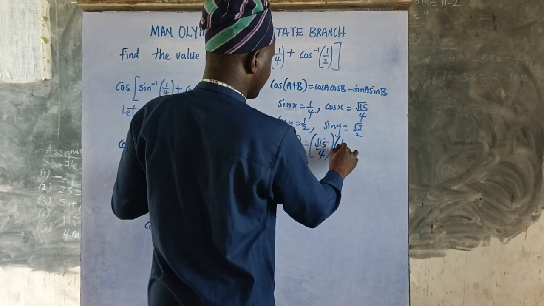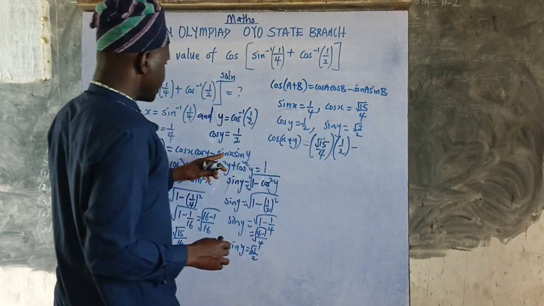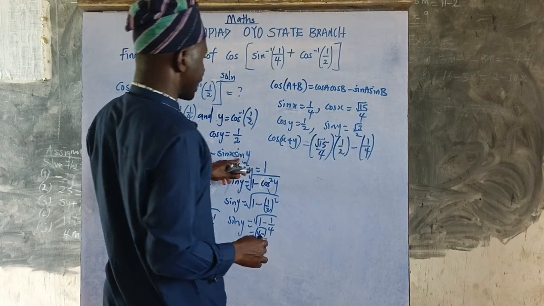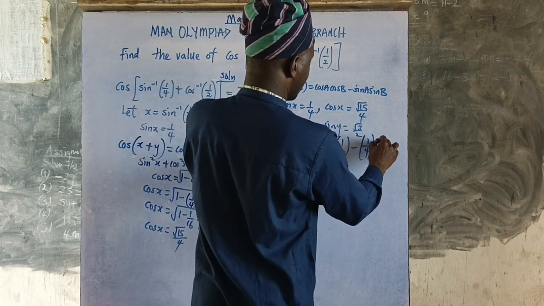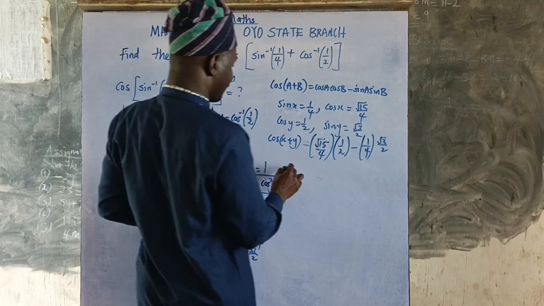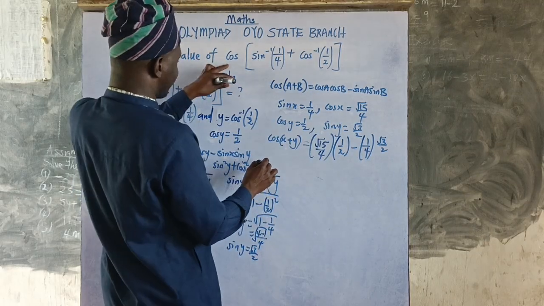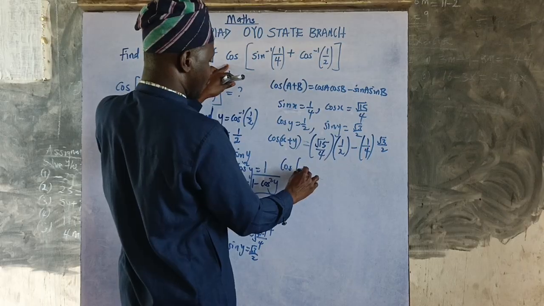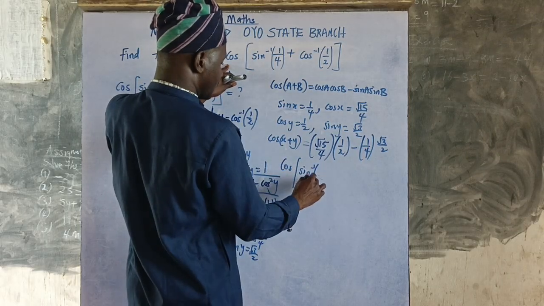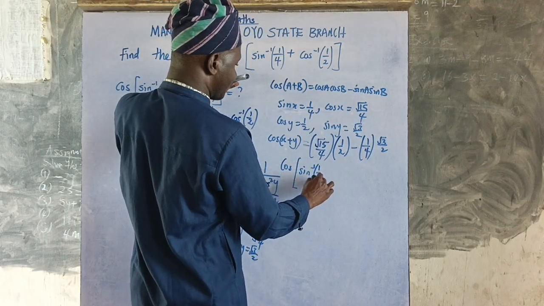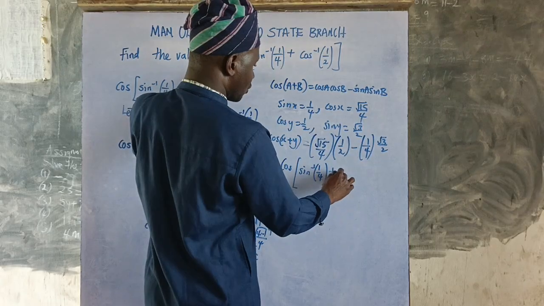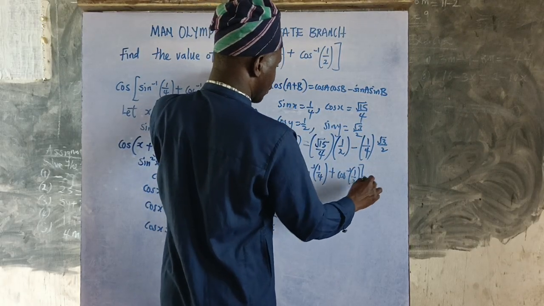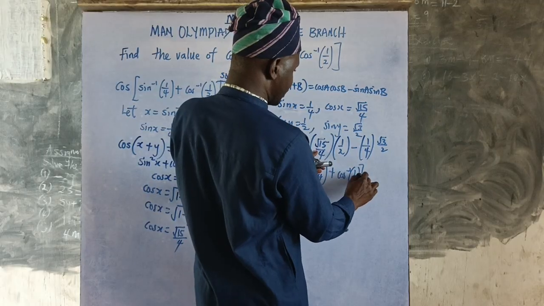Now, cos y, 1 over 2. We have 1 over 2, then minus sin x, 1 over 4, multiplied by sin y, which equals root 3 over 2. So when you simplify further, therefore, we have cos of the sum of sin inverse of 1 over 4 plus cos inverse of 1 over 2 equals, now we are going to simplify this further.